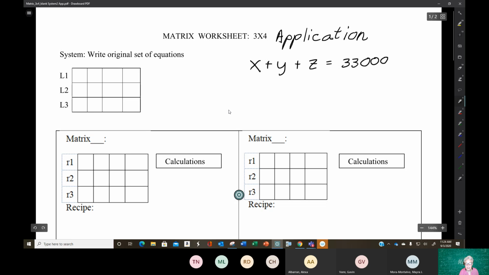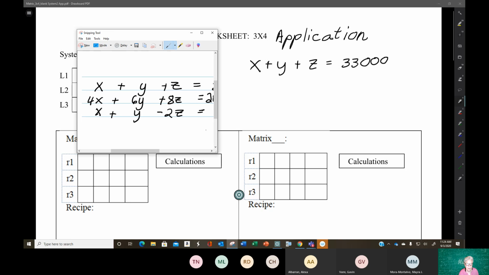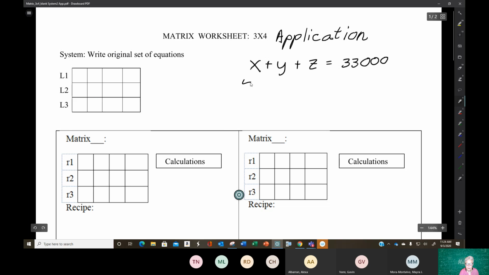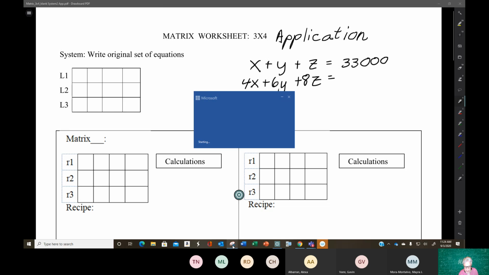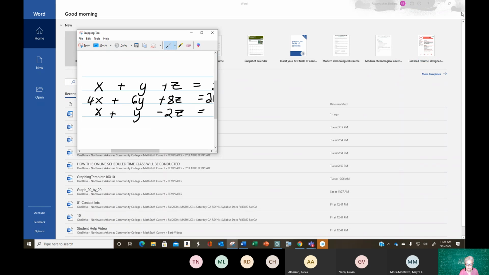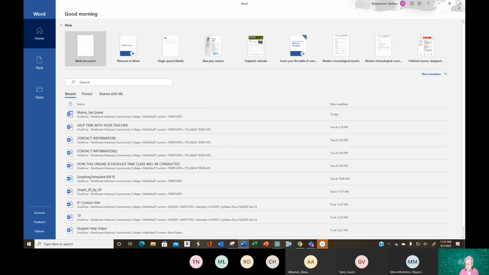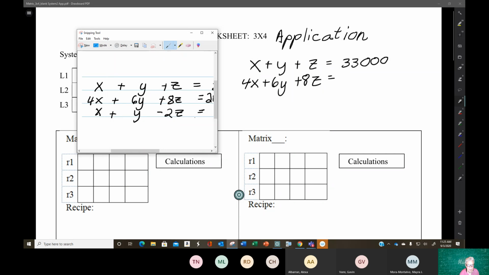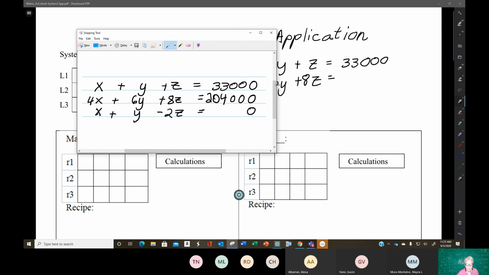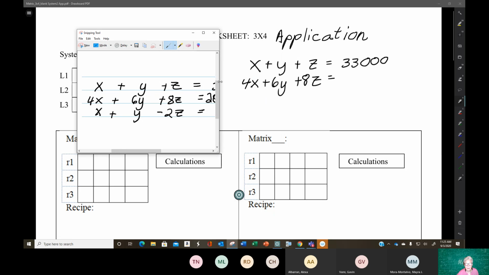Thousand, 33,000. Okay, and 4x plus 6y plus 8z equals that humongously big number, $204,000.